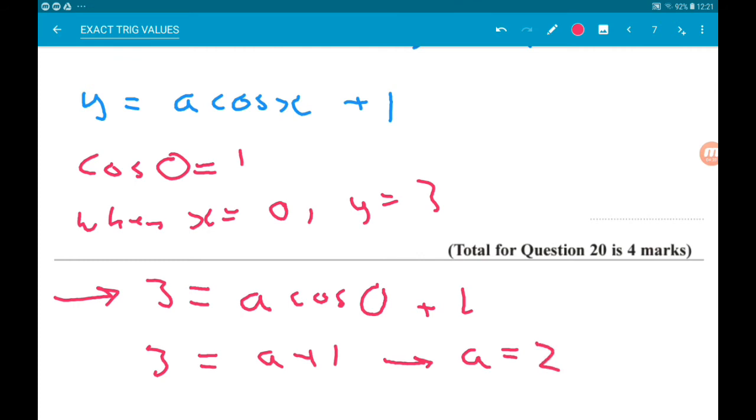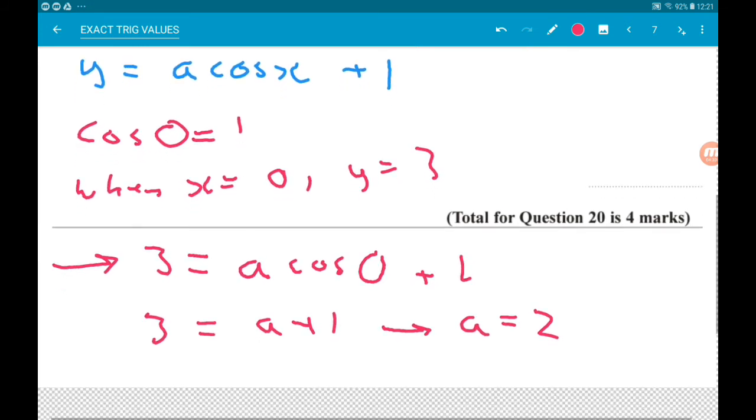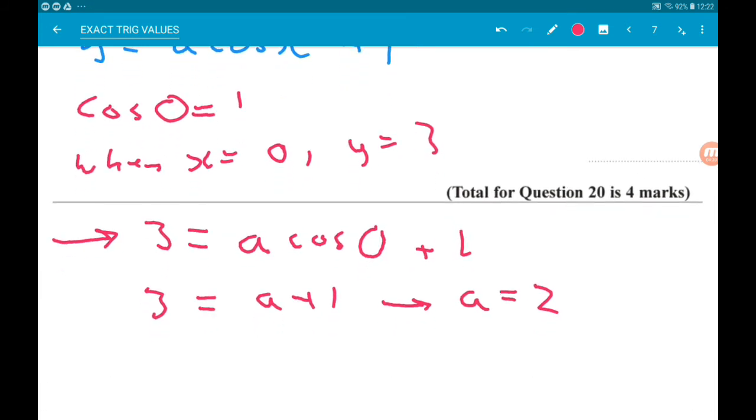So, now we know the whole formula between y and x. Y is 2 cos x add 1.